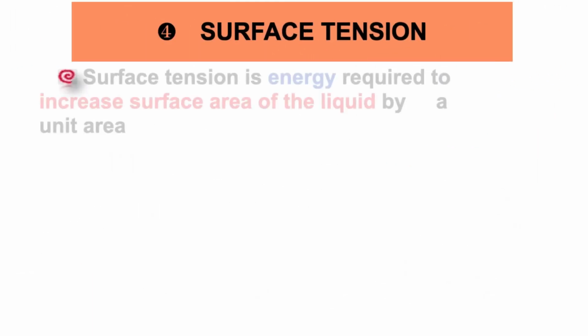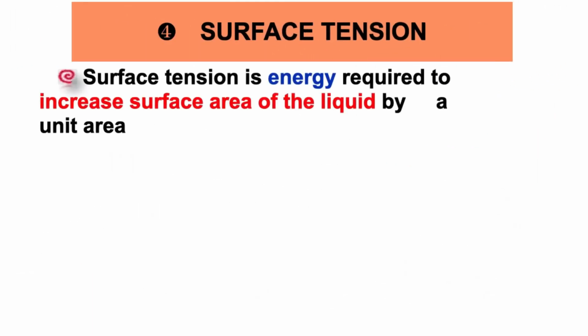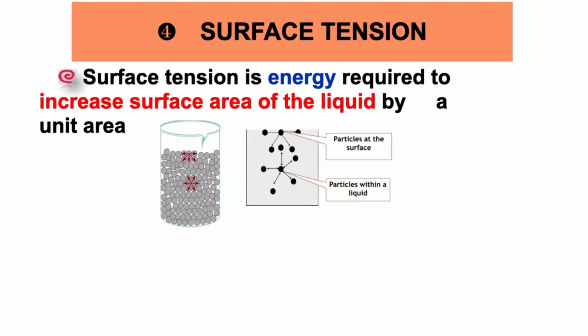Surface tension. The definition of surface tension is the energy required to increase the surface area of the liquid by a unit area. Consider this diagram. There are two types of particles: particles at the surface and molecules within a liquid, which we call interior molecules.